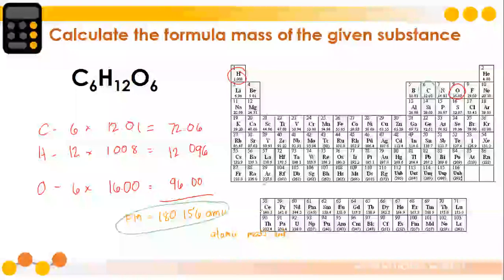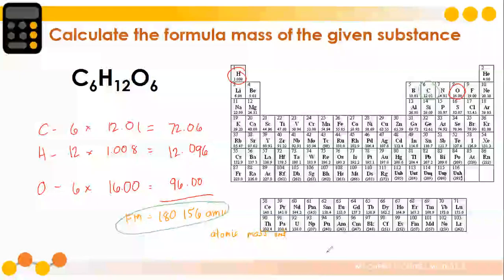It's that simple. All you need to do again is list down the elements in the compound, list down how many of these elements are included, find their atomic masses, multiply them, and then add all of the atomic masses of the elements. And that's your formula mass.